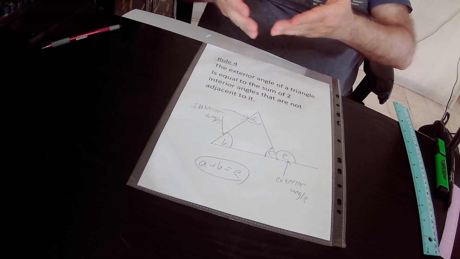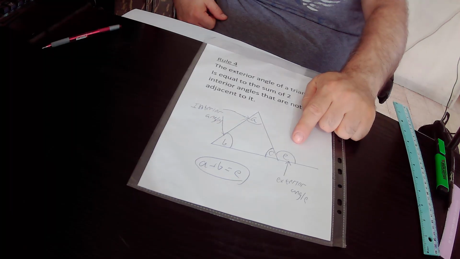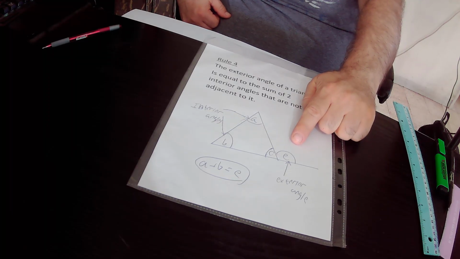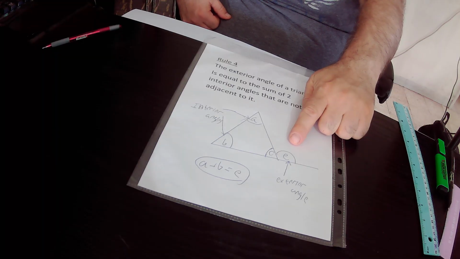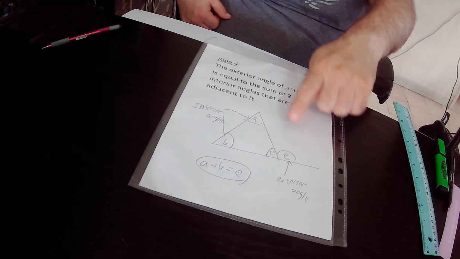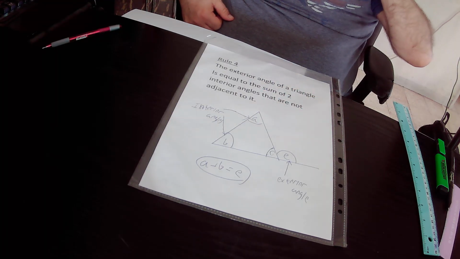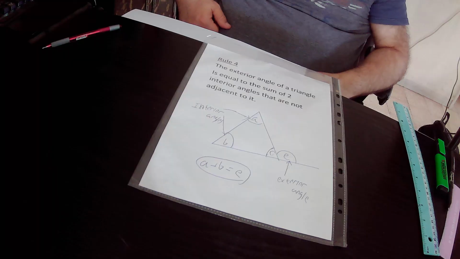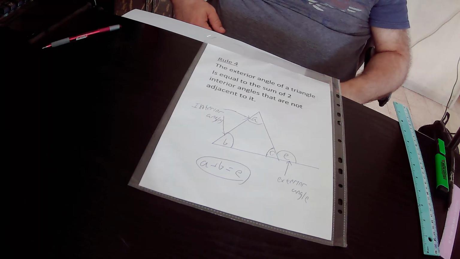So the size of angle E is equal to A plus B. So we can implement rule 4 in our drawing.